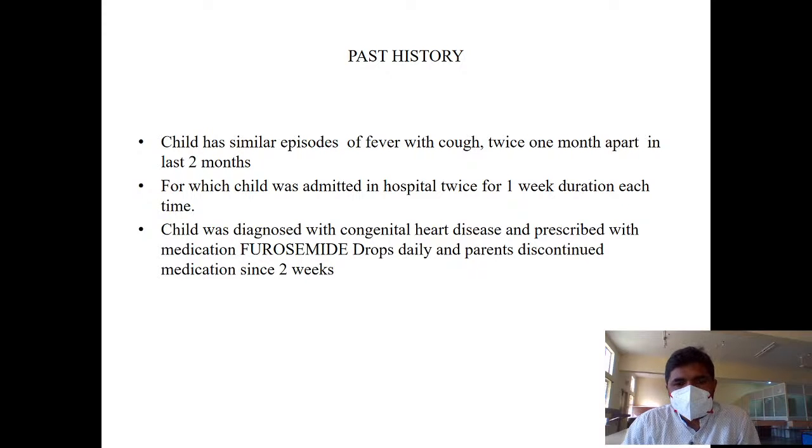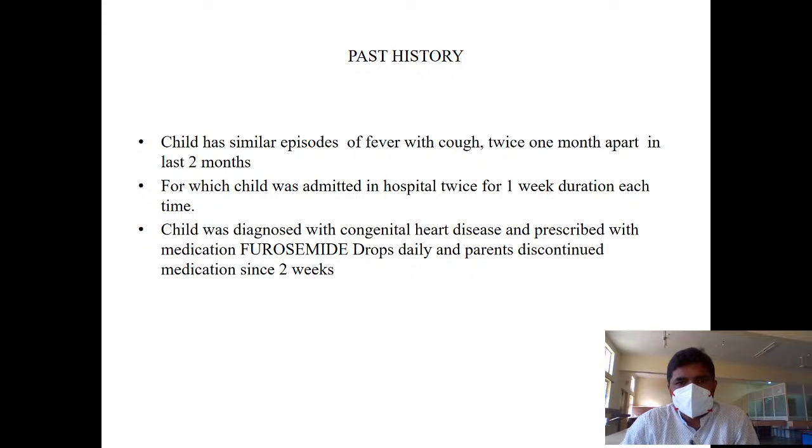So you should ask any history of arthritis, I mean joint pains. Although it is quite unusual, a 6 months old child is not possible to tell you joint pains, but the mother can figure out that whenever the child is made to sit or made to lie down, the child becomes more irritable, touching joints, tender joints.